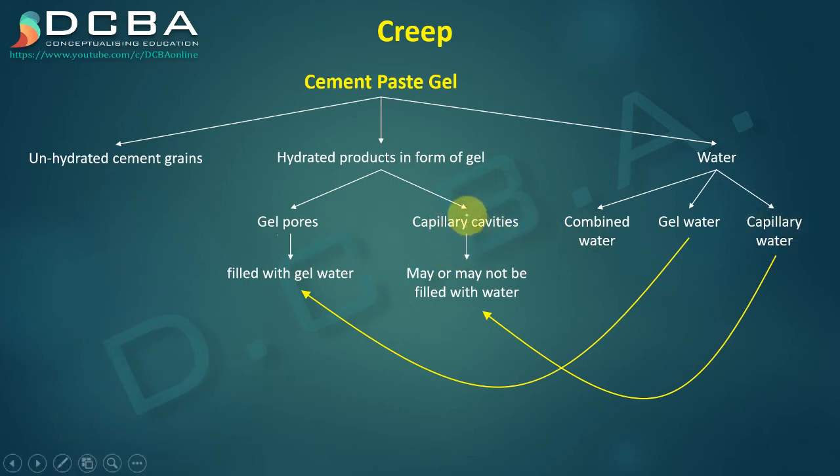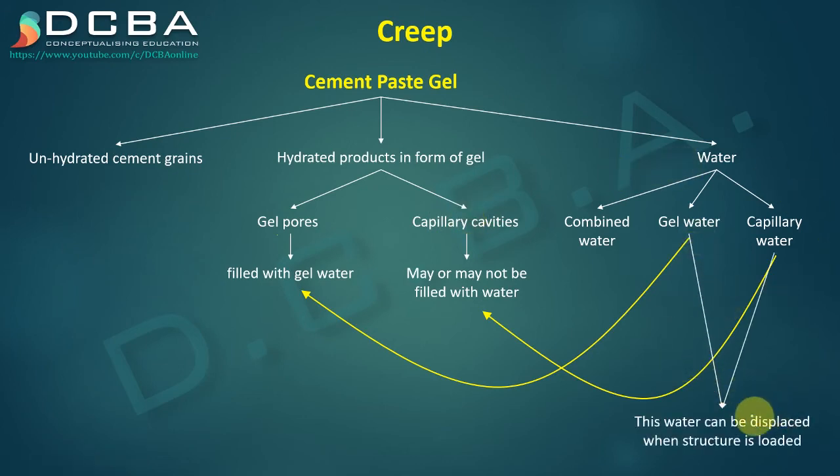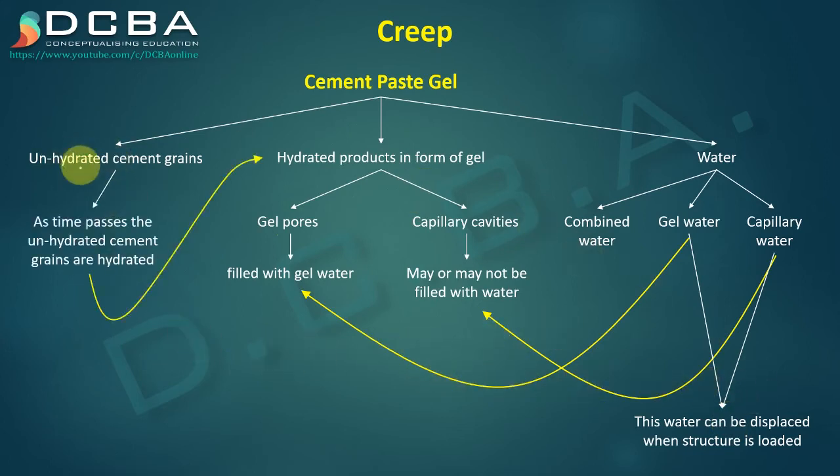So when we load a structure, this water can be displaced when the structure is loaded. And after a certain amount of time, these unhydrated cement grains will again get hydrated as time passes, because we know that this hydration process takes place forever, or it is basically a very long term process in the concrete.